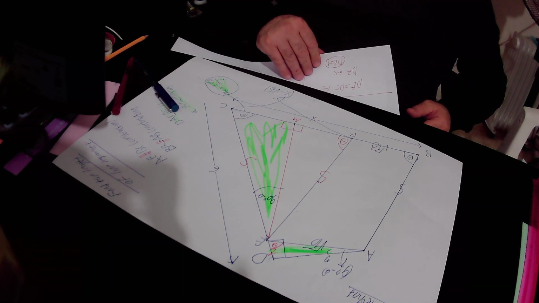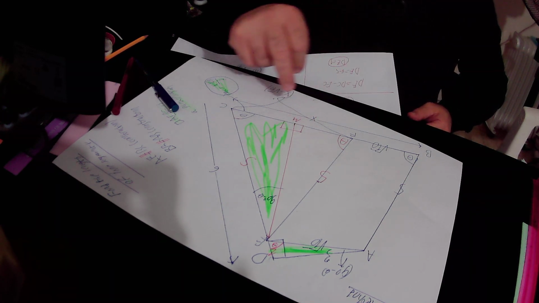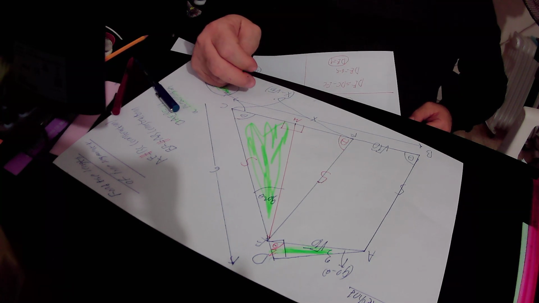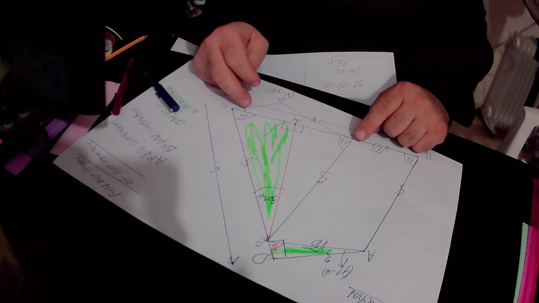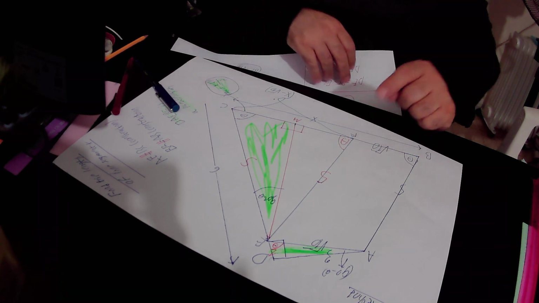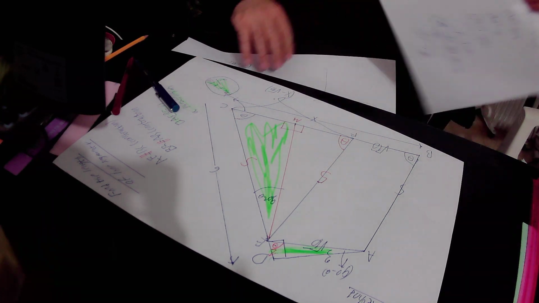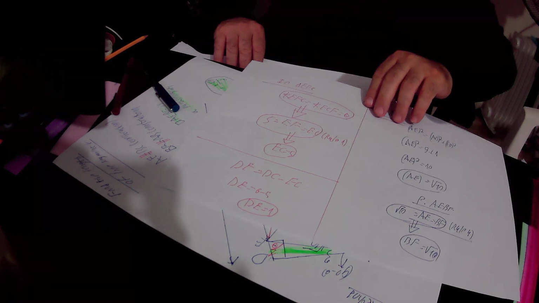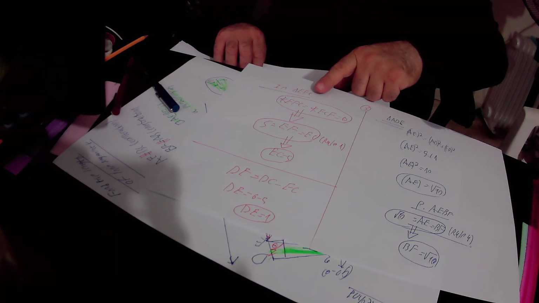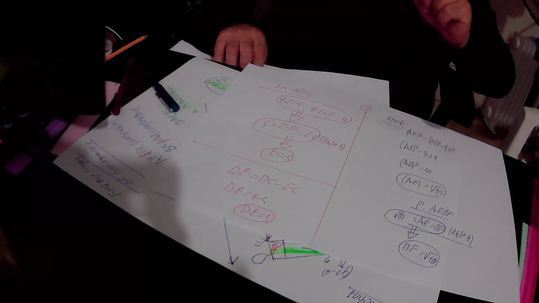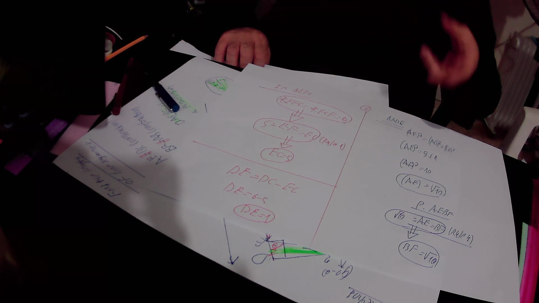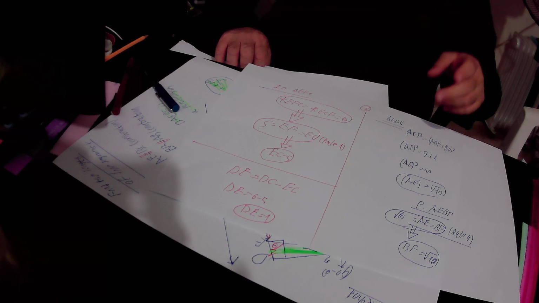So in triangle EFC, we know that angle EFC equals angle ECF equals theta. And we have rule number 1, that in front of equal angles in the triangle there are equal sides.